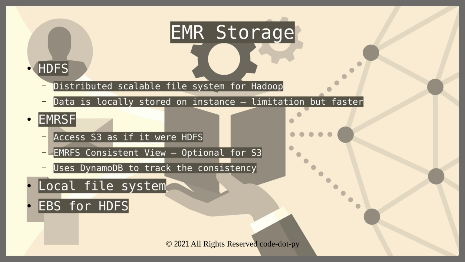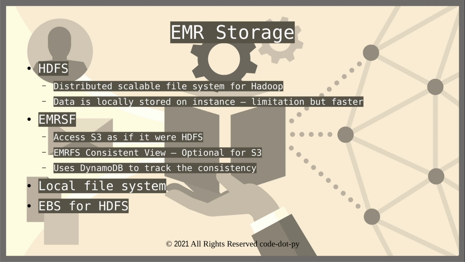So the process is really fast because the physical data lies on the actual physical node, but the limitation is there is a high risk of data being lost if the instance is lost.